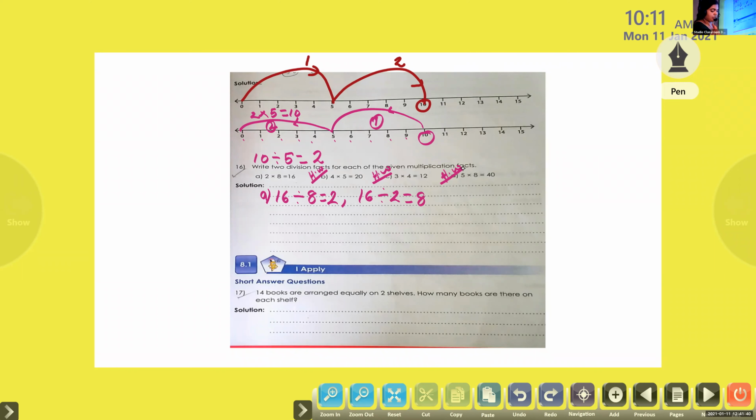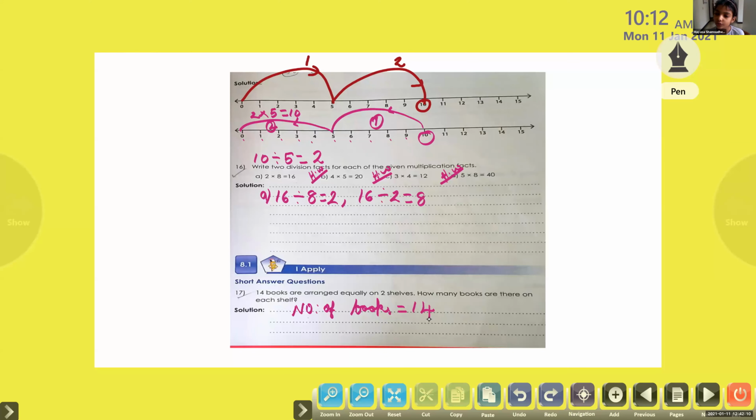So, how many books are there in total? 14 books are there. So you can write the first step. Number of books is equal to 14. And 14 divided by 2 is equal to 7.